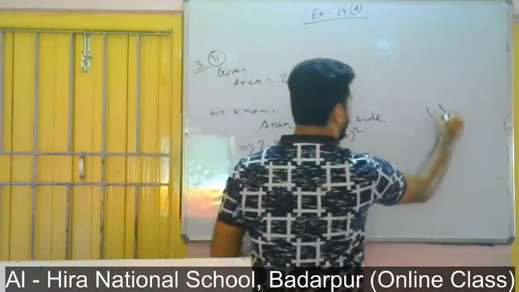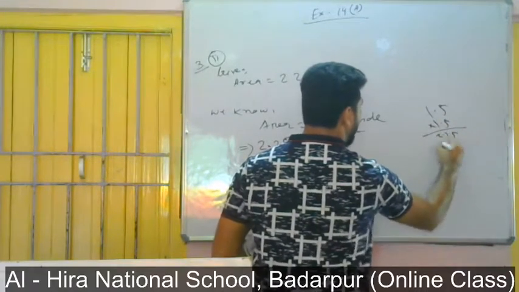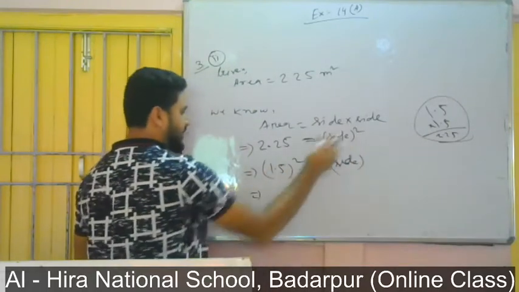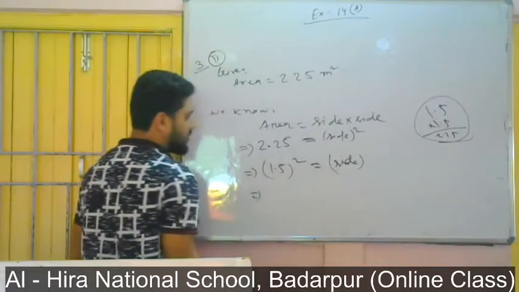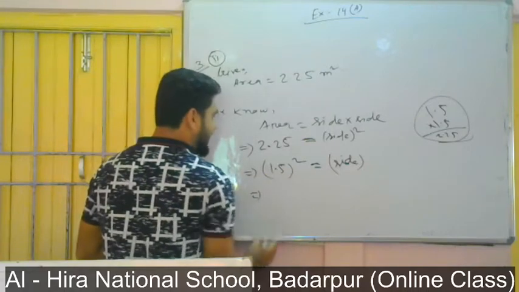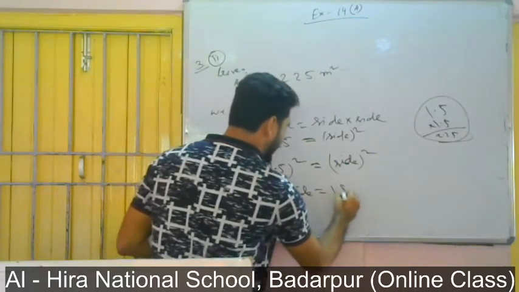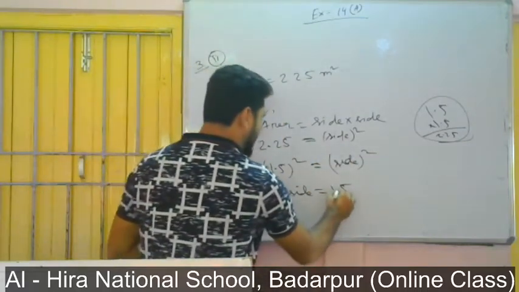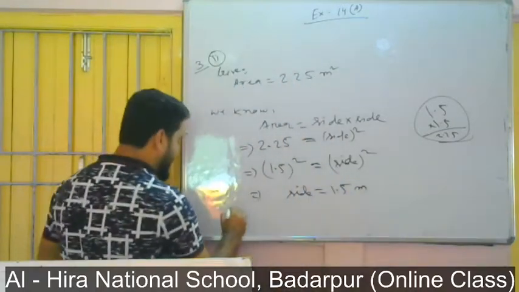If you multiply 1.5 and 1.5, then you will get 2.25. So I can write here side equals to what? 1.5, by cancelling square. So side will be 1.5 meter.